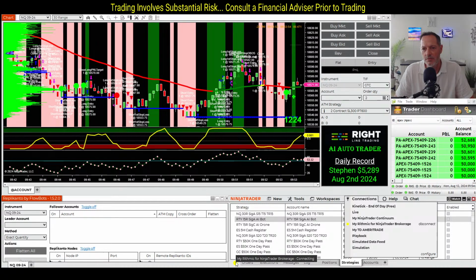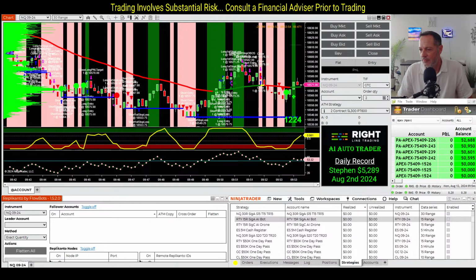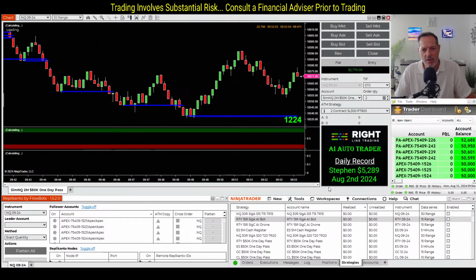It turns yellow as it's trying to get connected. It takes about a minute or two for my machine, and then the charts calculate. So it's kind of a little bit of a lull here while this data source reconnects to my machine.